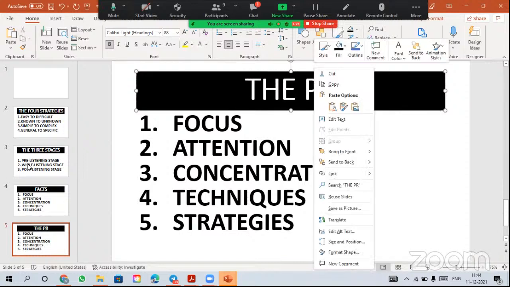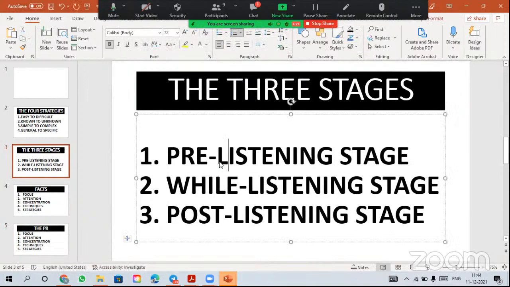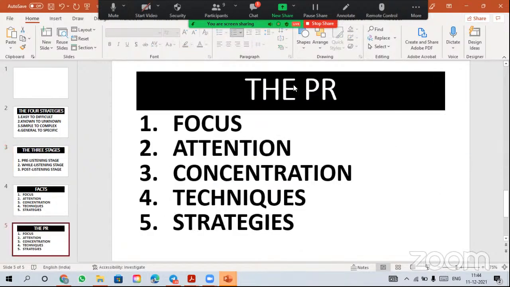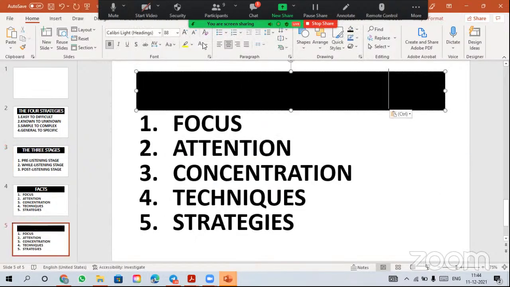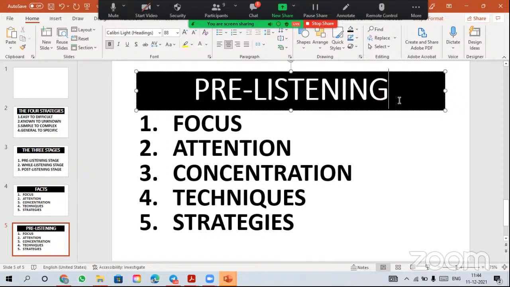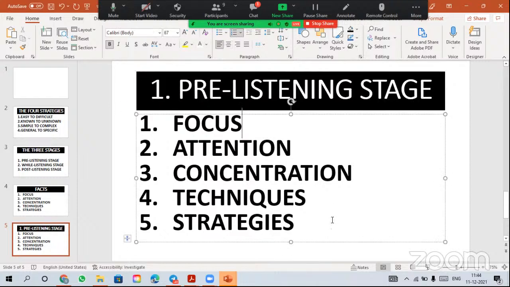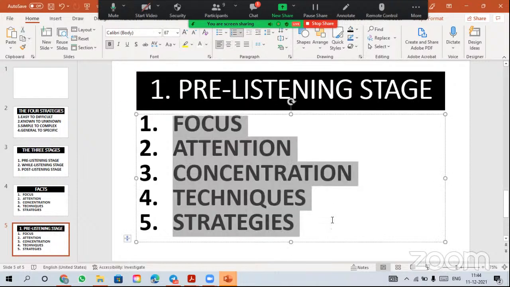I told you there are 3 stages. Be very careful here. There are 3 parts in this pre-listening stage.